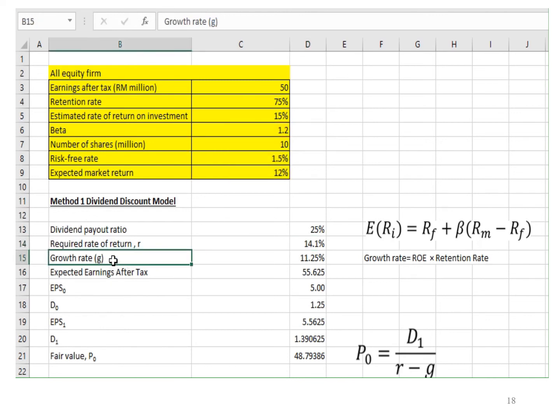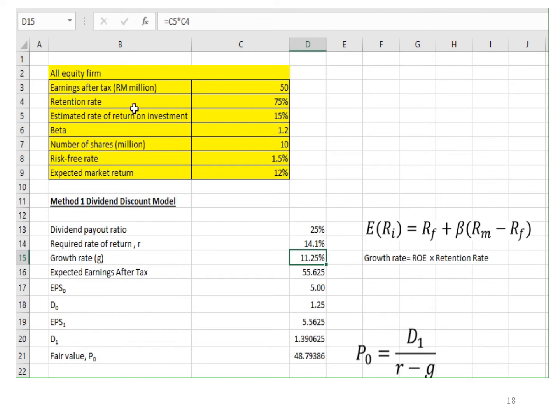The growth rate can be calculated by multiplying return on equity and retention rate. The growth rate is equal to 15% multiplied by 75%, and the answer is 11.25%.